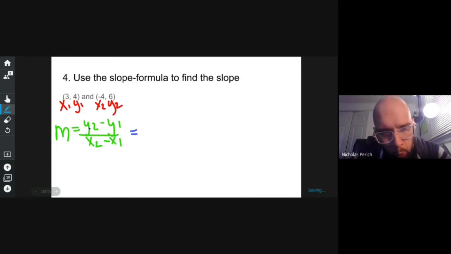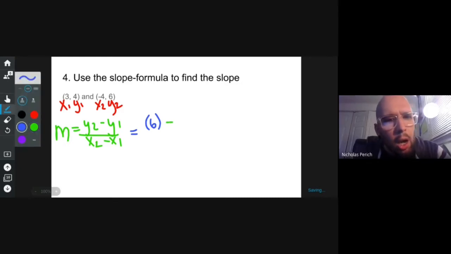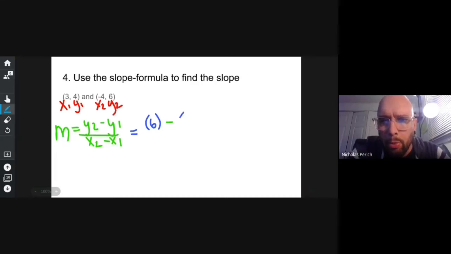Now I rewrite the formula and plug stuff in. So I called y sub 2 positive 6. I'm going to replace y sub 2 with positive 6, always with the minus sign in the middle. I'm going to replace y sub 1 with 4.